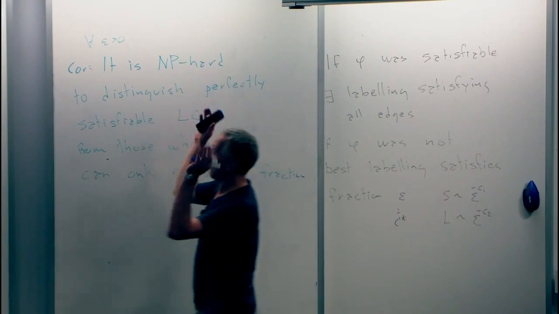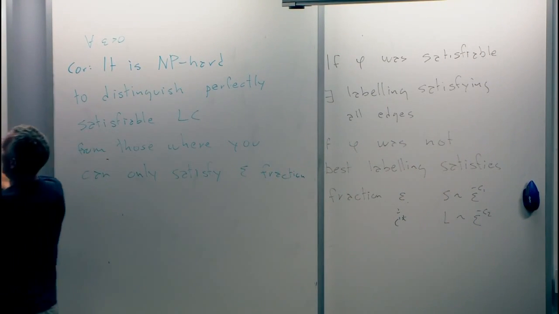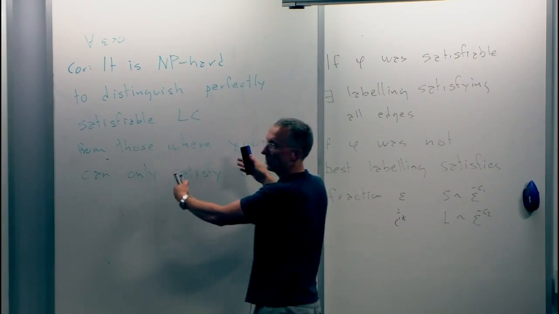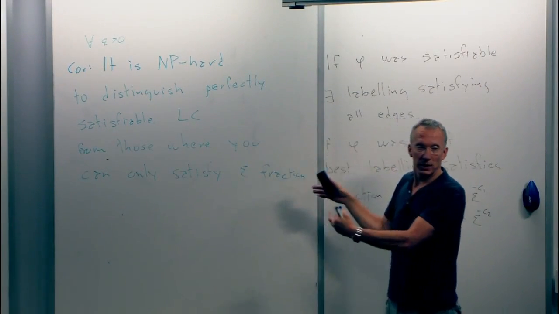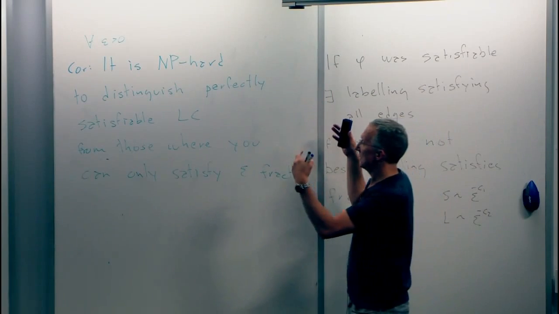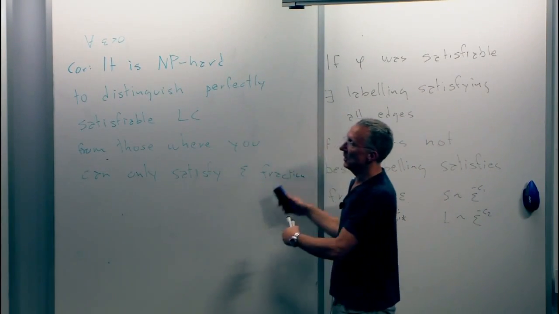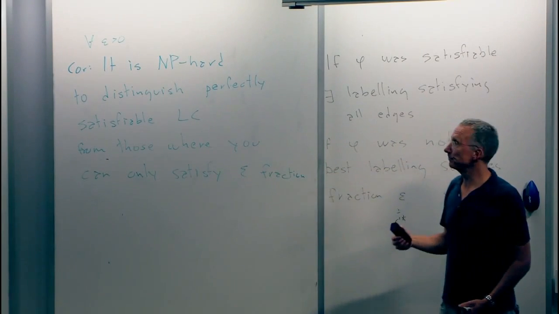So everything we've done so far, we're going to remember this label cover. We're going to remember that it's hard to distinguish the case when we can satisfy all the edges from the case when we can only satisfy a very small fraction. And now we want to build on this.